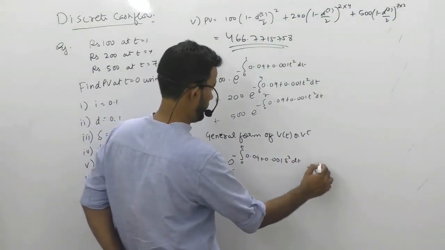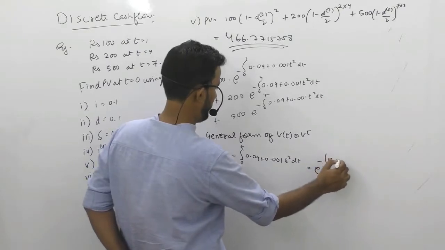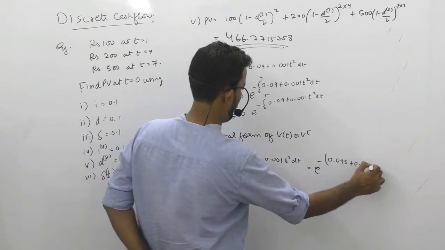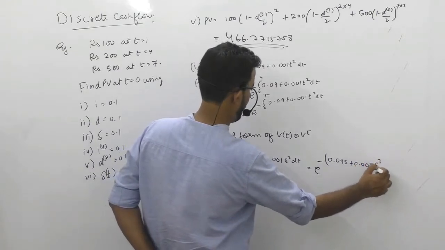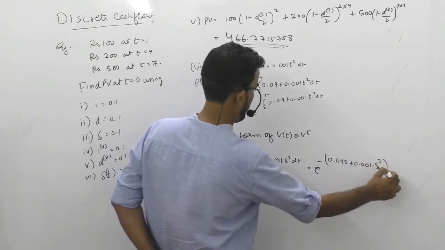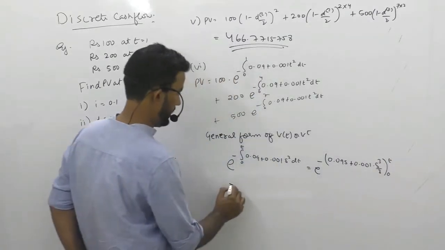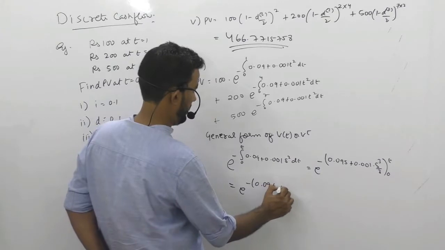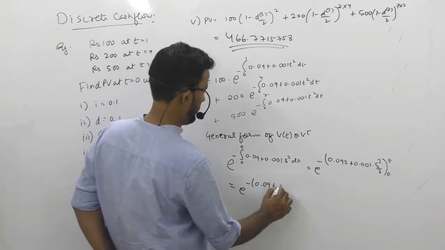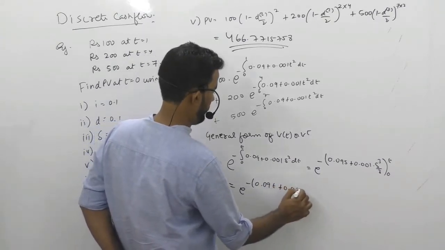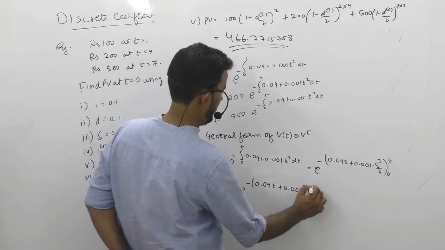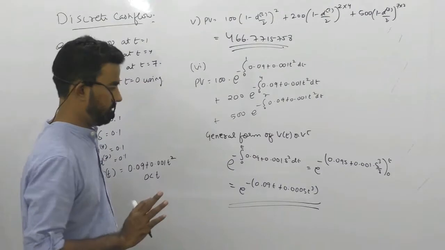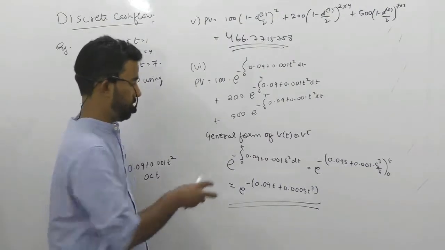So this is e raised to minus 0.09 s plus 0.001 into s cubed by 3 from 0 to t. So this becomes e raised to minus 0.09 t plus 0.0005 t cube. When you substitute 0, the whole term becomes 0. So this is my expression for this integral.